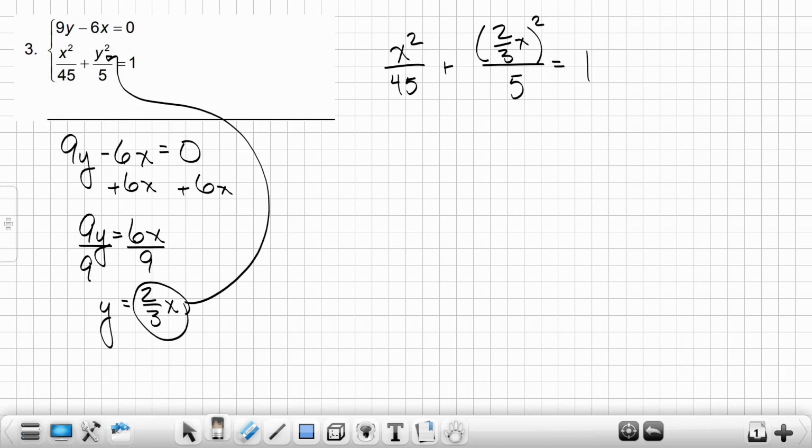No, we need to adjust it before we get a common denominator. We don't necessarily even have to get a common denominator. We'll go through some possible tips and tricks here. First of all, what is 2/3 squared? 4/9. We have a fraction divided by a number.